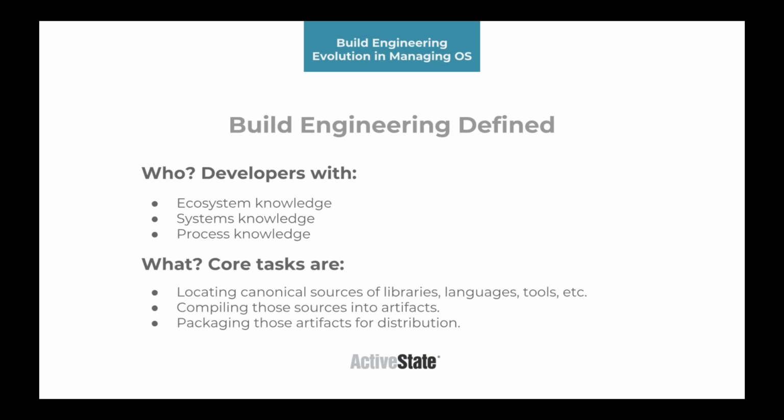And then what are the things that they're doing? You're looking at people who are going to be locating canonical sources of libraries, languages, and tools. Where do I get the definitive version of package X? Where's the latest version of this tool? Then also compiling those sources into artifacts. And as you'll see from Sean's presentation, sometimes compiling those sources into artifacts is not so straightforward and easy.